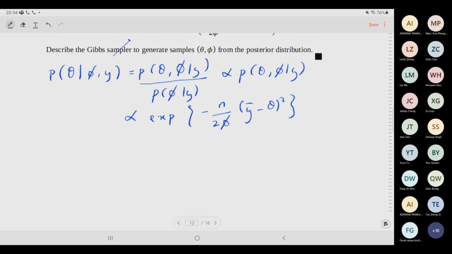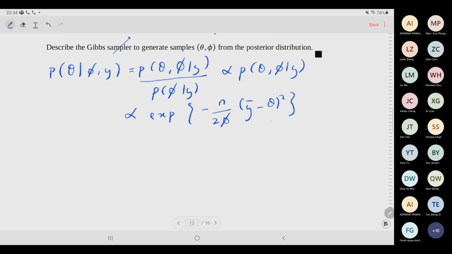Okay, and if you look over here, again this is the Bayesian trick. This is a kernel of a normal. To make it easier to see, you just change this to theta minus y bar, this squared thing. So this is actually a normal kernel. So theta given phi and y is normal.